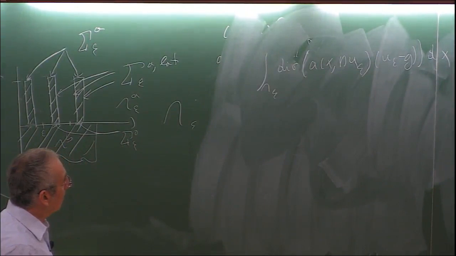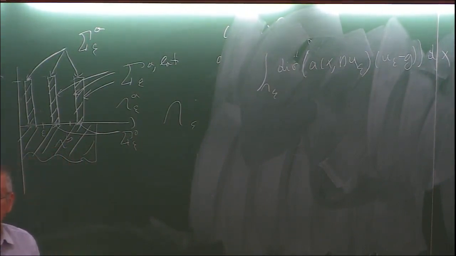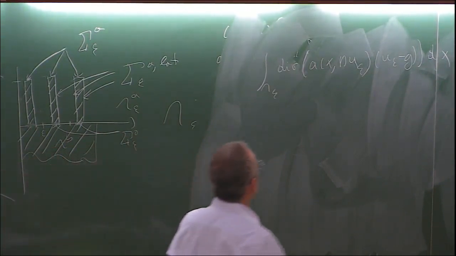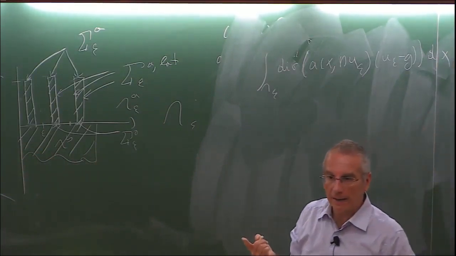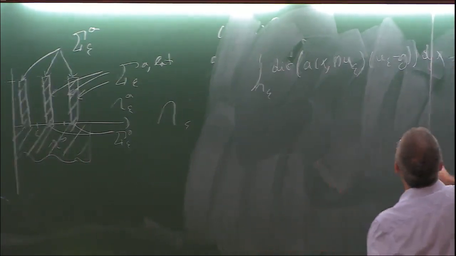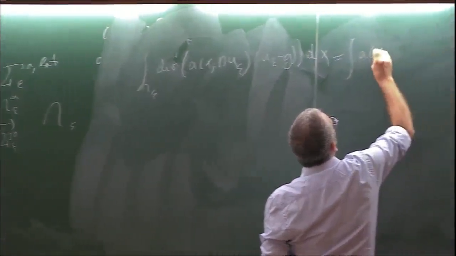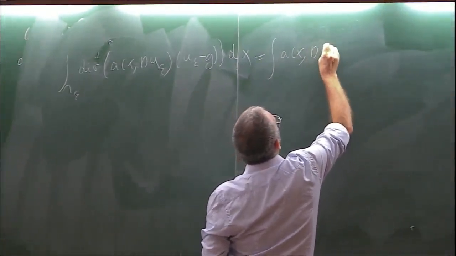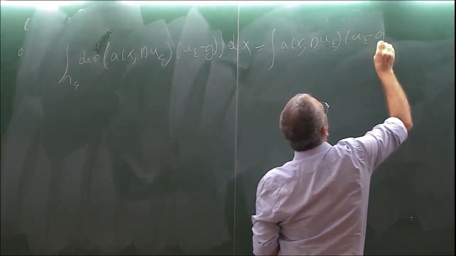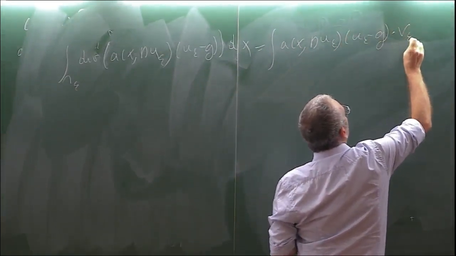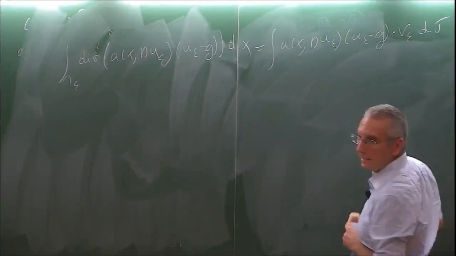If we apply the Gauss theorem, this is equal to the integral on the boundary of omega epsilon of what? A of x gradient u epsilon times u epsilon minus g d sigma.